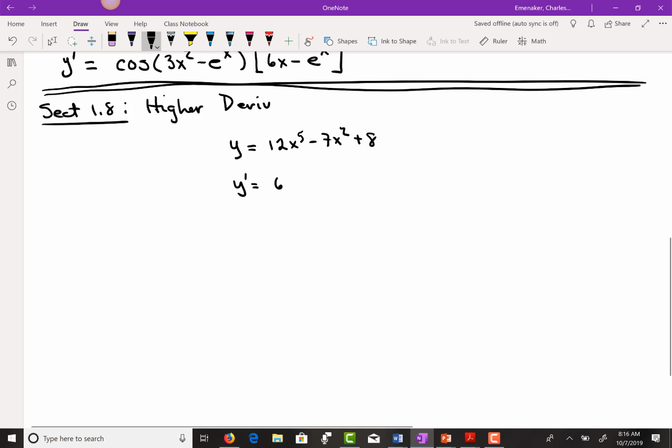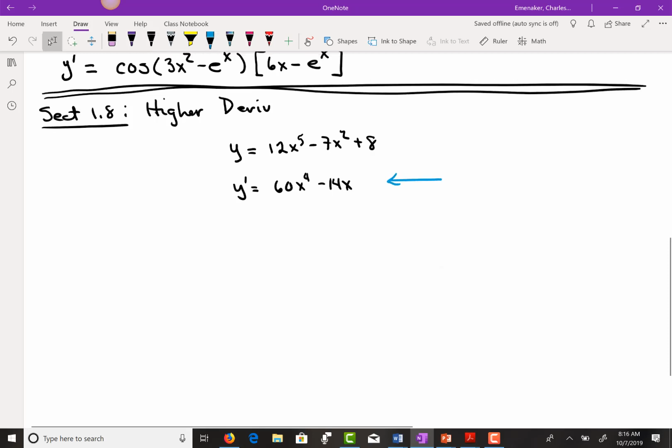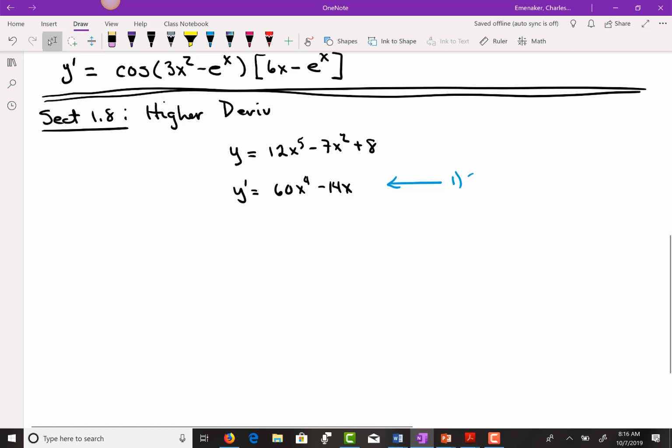The first derivative is going to give us 60x to the fourth minus 14x. Remember, this is going to, first off, tell us the equation for the slope anywhere on the original function. I think everybody's pretty well got that down at this point. Secondly, it's going to allow us to locate max-min points.